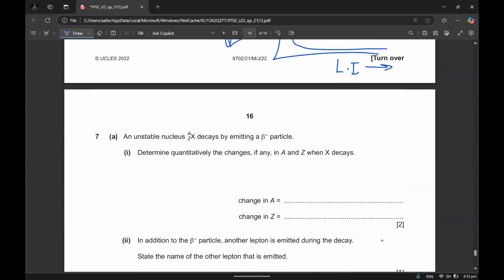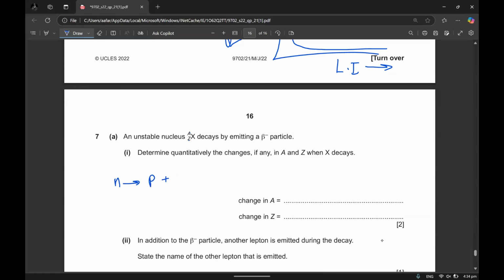Okay. Question 7. An unstable nucleus with nucleon number A and atomic number Z, X, decays by emitting a negative beta particle. This is basically an electron. Determine quantitatively the changes, if any, in A and Z for X in the decay. So the production of an electron happens when a neutron decays into a proton.